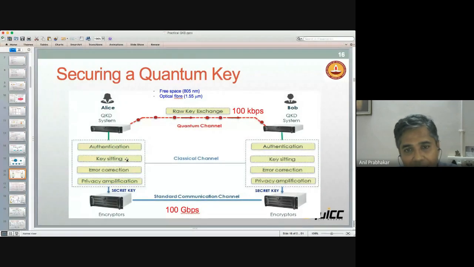So some random set of time slots when he receives the photon is what he's revealing. Since Alice has sent the information in that time slot, she knows what the bits were. She knows that it was a 10110, and so on, right? So that is the process of key sifting.